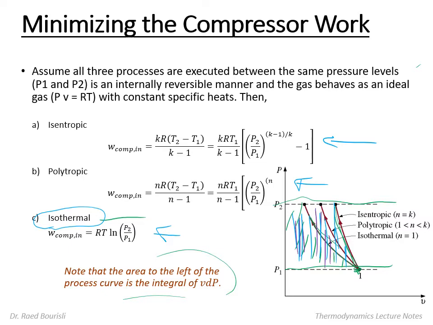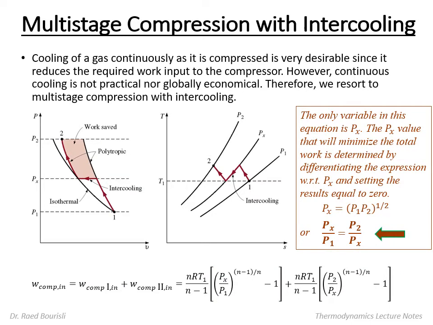This is impractical. The way people do it is to use multi-stage compression, and they limit it to just 2 compressions. So I have the high pressure compressor and the low pressure compressor. They do it this way. This is T versus S. My best compression is the isothermal, so I'll keep doing this: compress, cool, compress, cool, until you reach the final isobar.